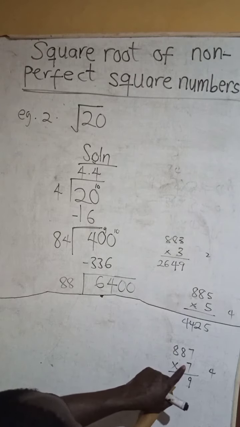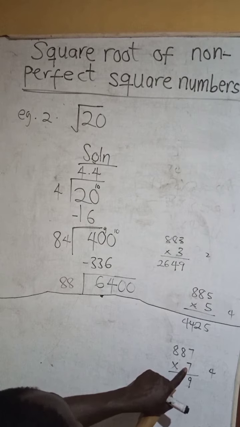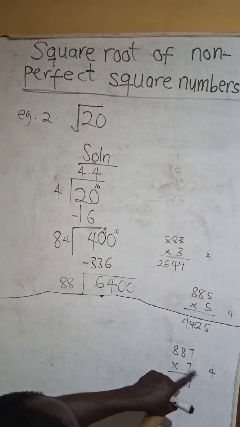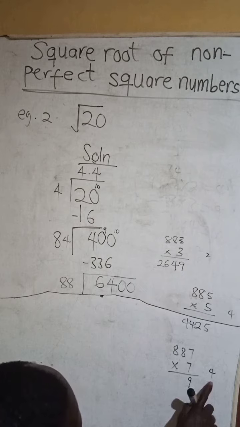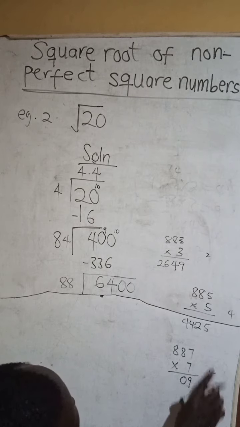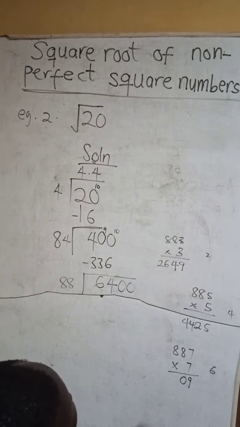So 7 by 5 is 40. By 6, 48. By 7 should be 56. Yeah, sure. Then plus 40, plus 4 will be 60. So 0, a remainder of 6.